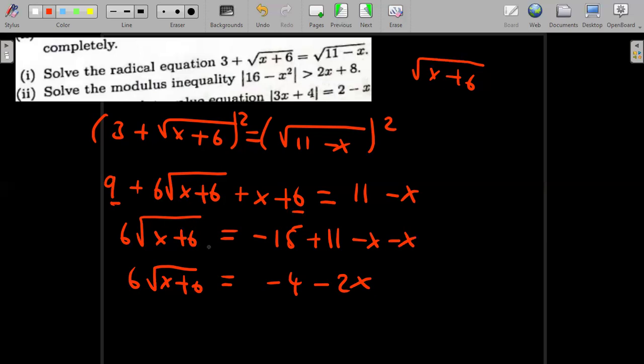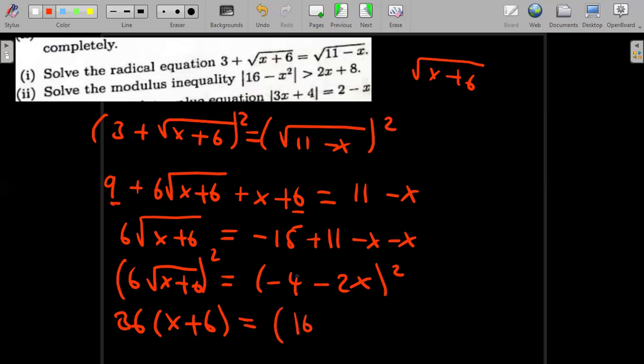And from here, you can square again. You square this side and you square that side. When you square this side, you have 36 multiplied by x plus 6. On the other side, negative 4 by 4 gives you 16.